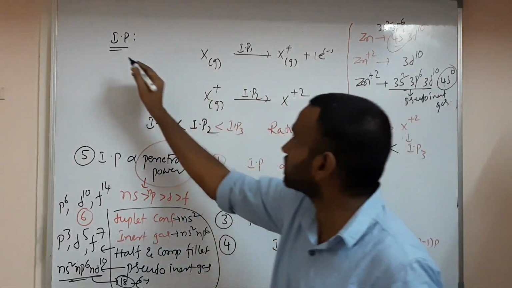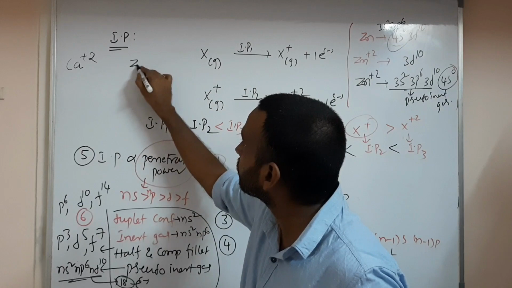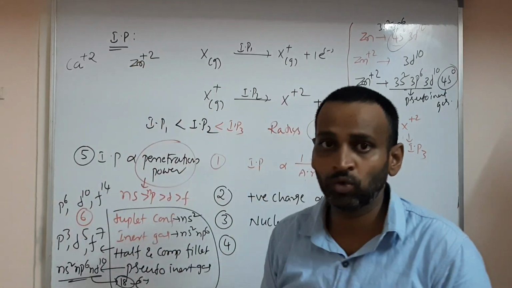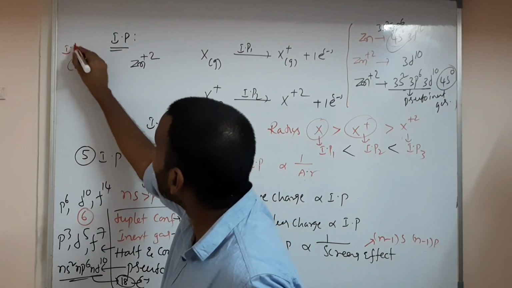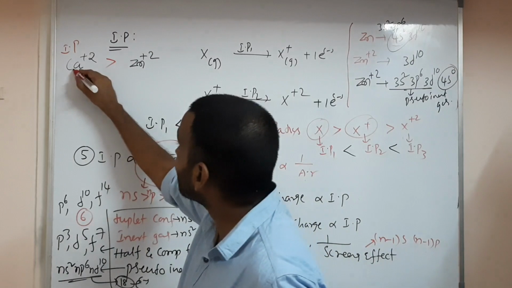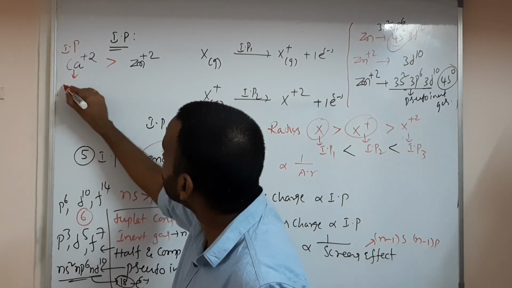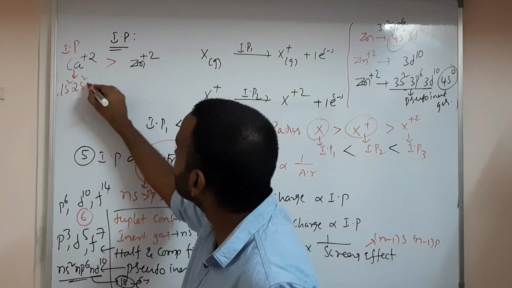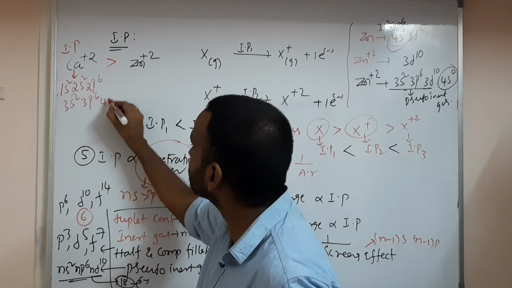Understood? Suppose you want to remove an electron from Ca2+ or from Zn2+. Which is difficult? The IP of Ca2+ is more, because Ca2+ has inert gas configuration. Calcium is 1s2, 2s2, 2p6, 3s2, 3p6, 4s2.